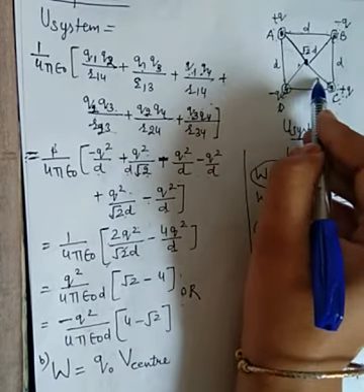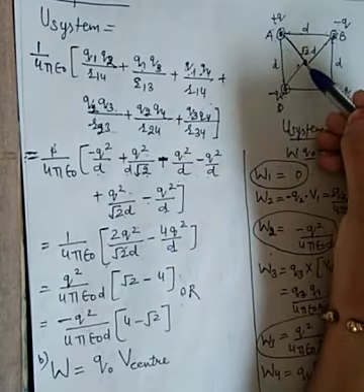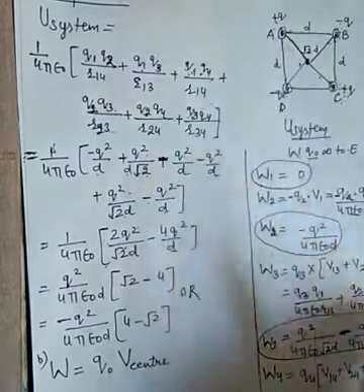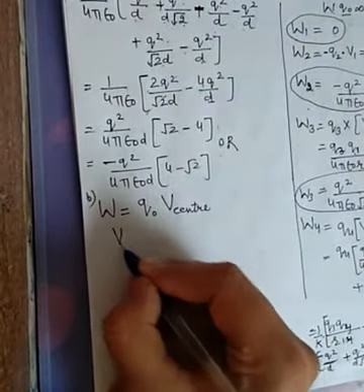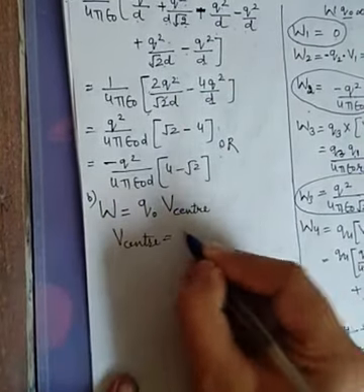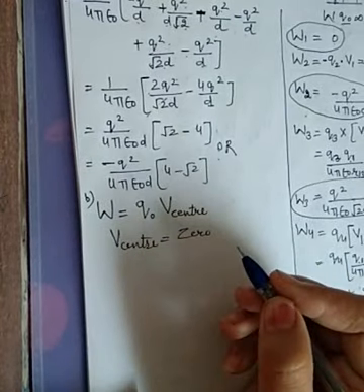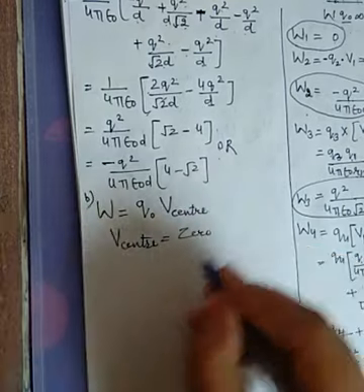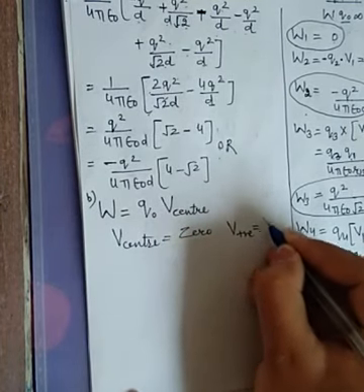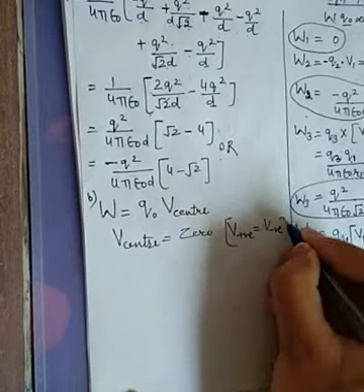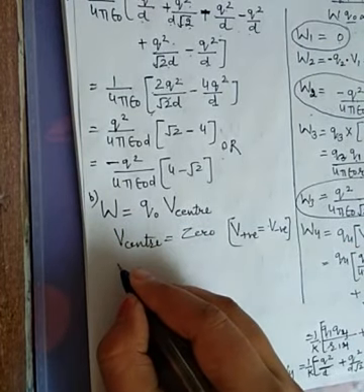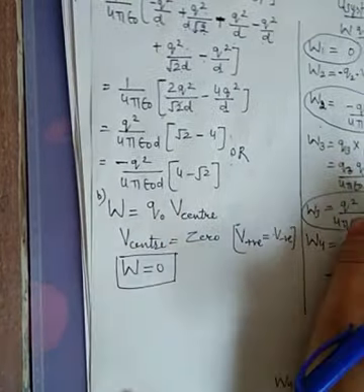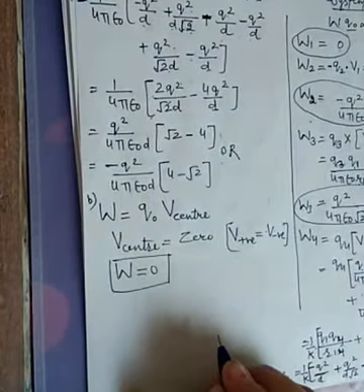Charge same, separation same. Due to this charge, potential will be negative. Due to this charge, potential will be negative. Charge same, separation same, so potential same. It means potential at center is 0 because positive potential and negative potential at center are equal and opposite. V positive is equal to V negative, so net potential is 0. As potential is 0, work done to bring Q naught from infinity to that point will be 0. So 0 amount of work done.